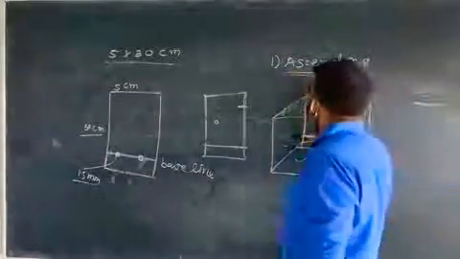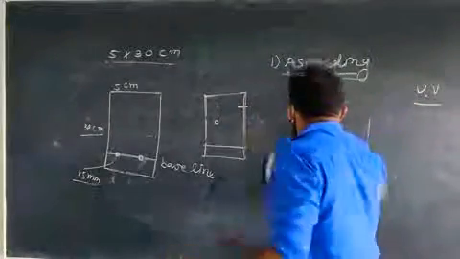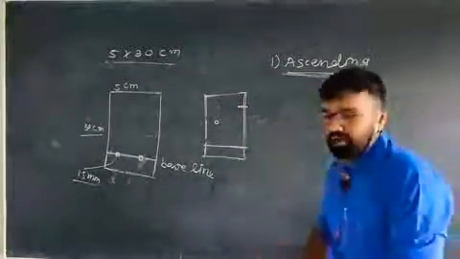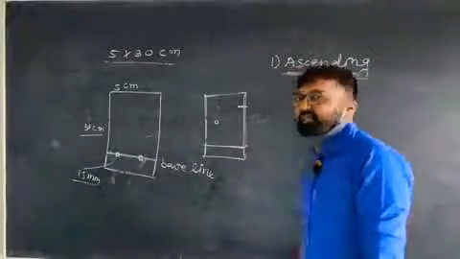In ascending type of chromatography, the last step is the RF value. What is the RF value? It is the retardation factor.